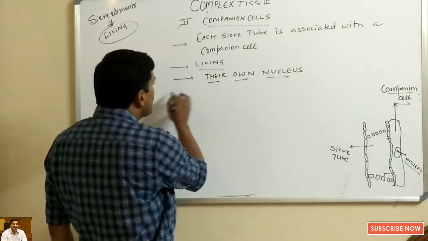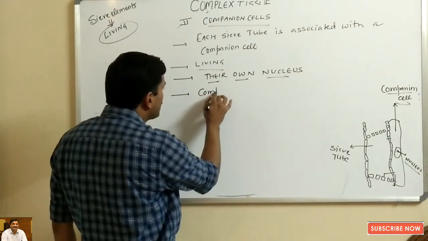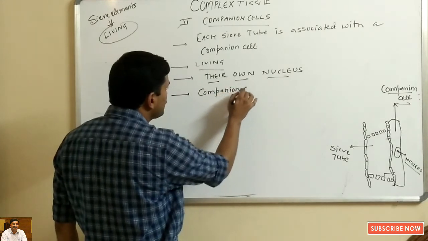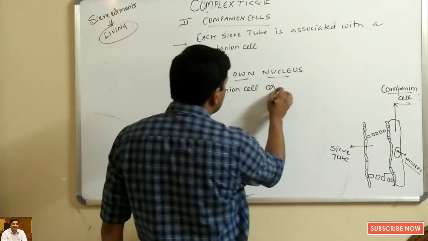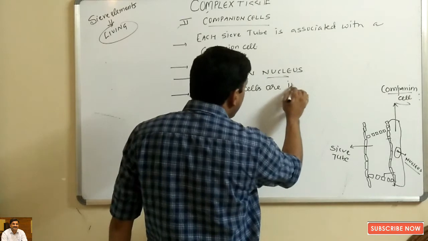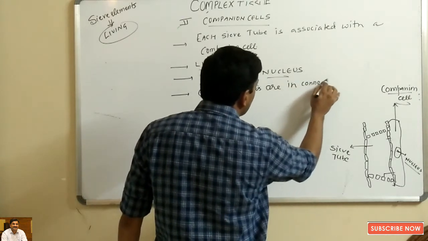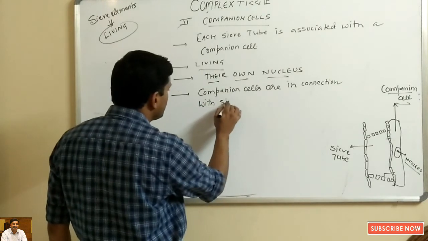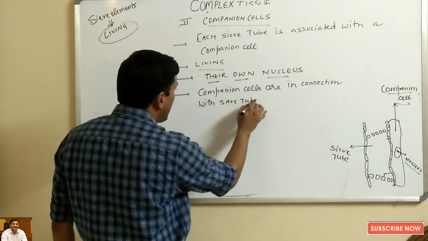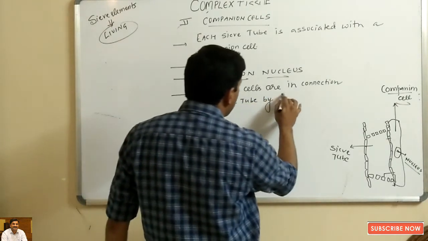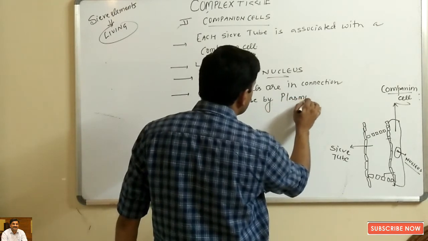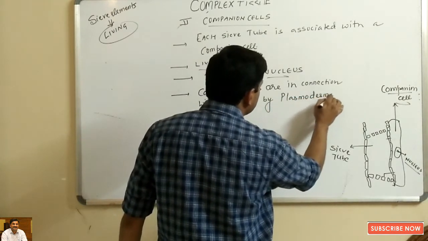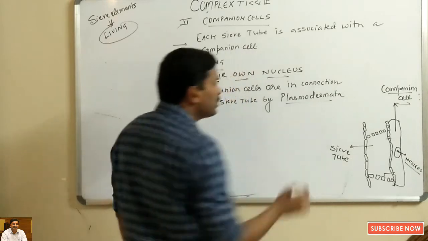Okay, now companion cells are in connection with sieve tubes by plasmodesmata. Okay, plasmodesmatas are what?